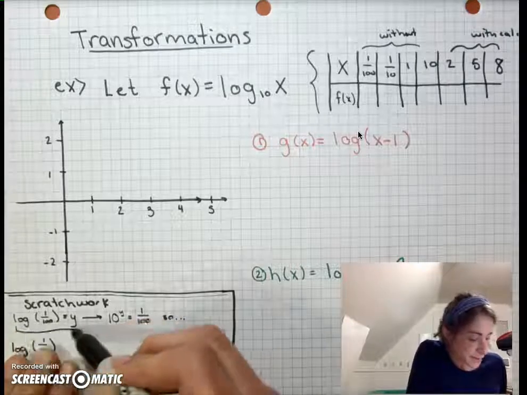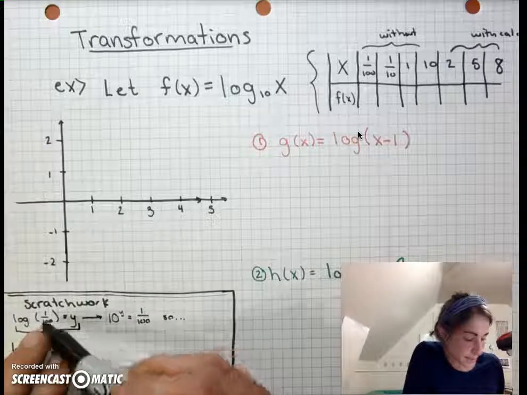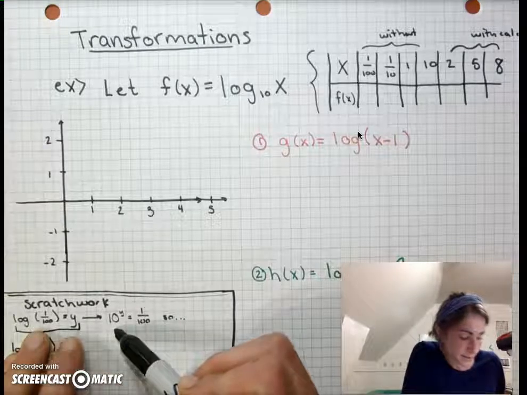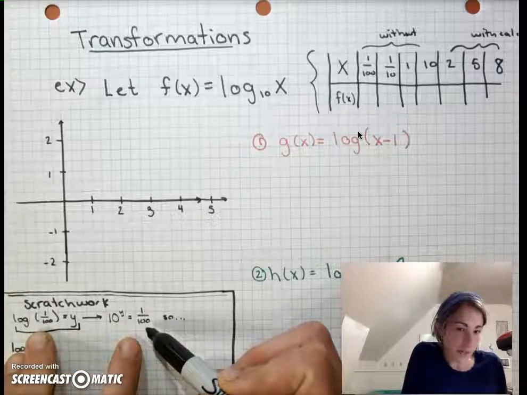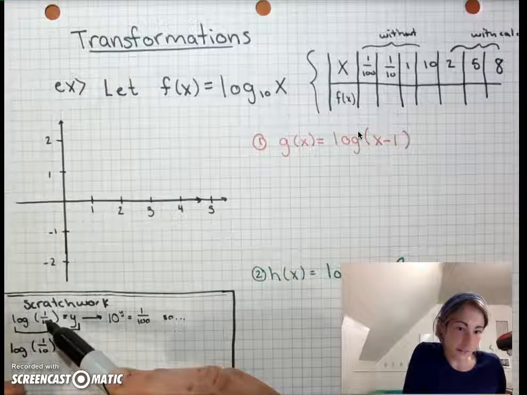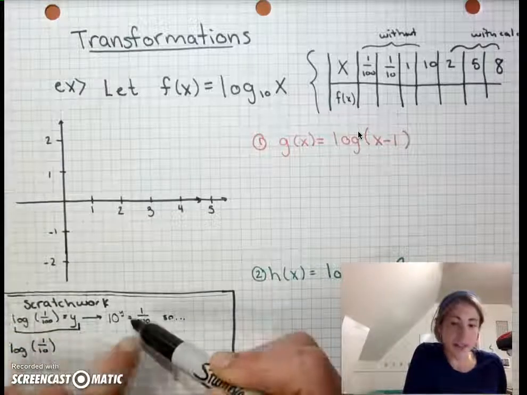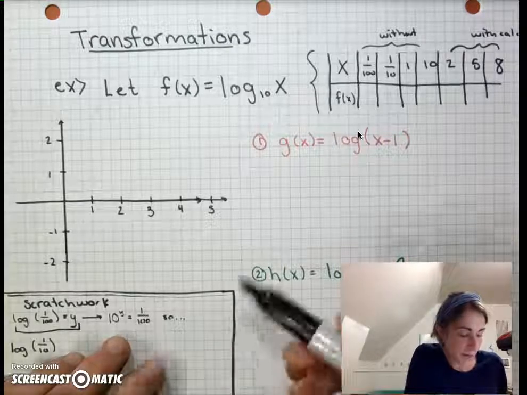If I rewrite this as an exponential expression, I take the base of my log, which is 10, raise it to the y power, and say that equals 1 over 100, because that's what's going inside of the log function. This is how I convert from logarithmic to exponential form. So what does this tell me that y has to be?